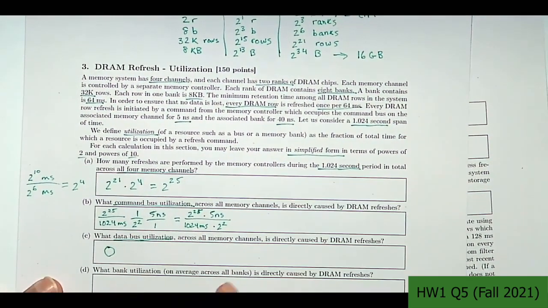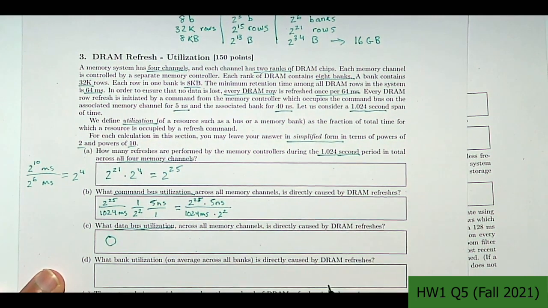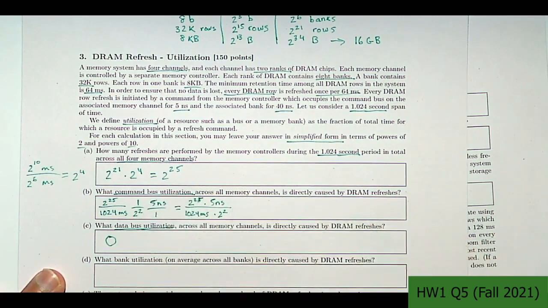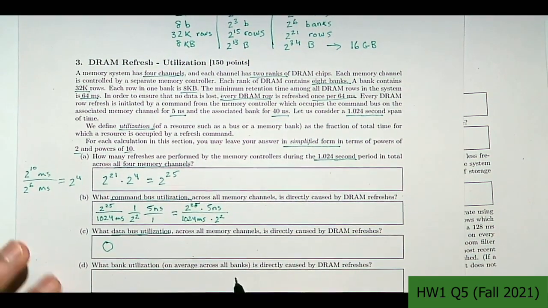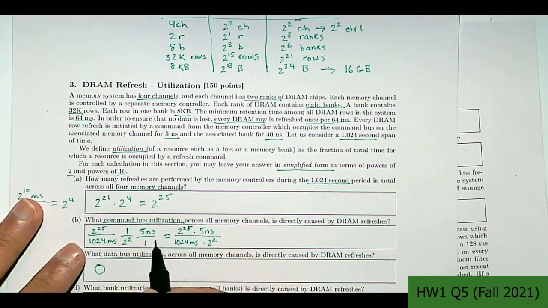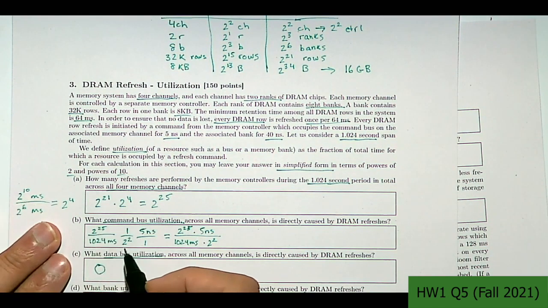And the last part asks for what bank utilization on average across all banks is directly caused by DRAM refreshes. So how we approach this part of the question is very similar to part B, right, where we asked about the command bus utilization. Except here we had 4 different memory channels, and so we were trying to figure out the number of refreshes per channel, right?